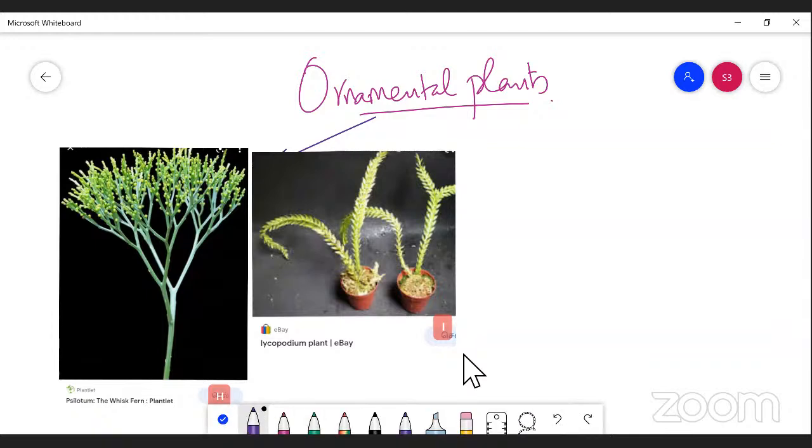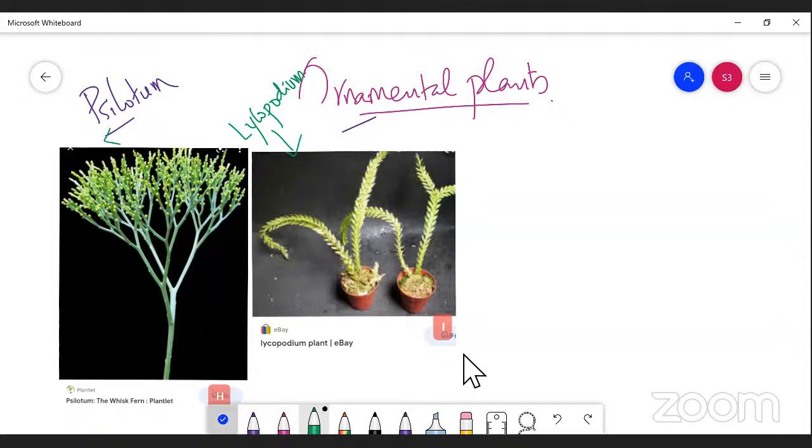The first plant is a Xylotom. The second one is the Lycopodium, right?